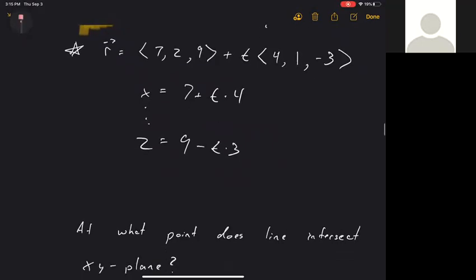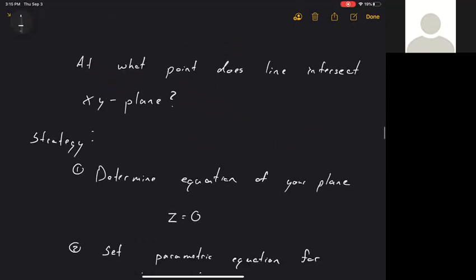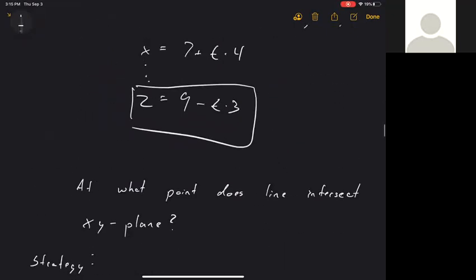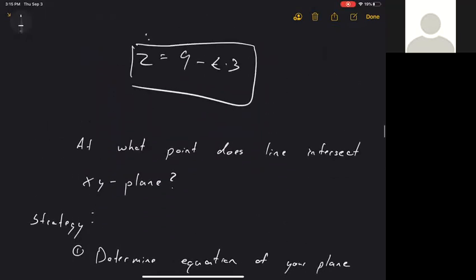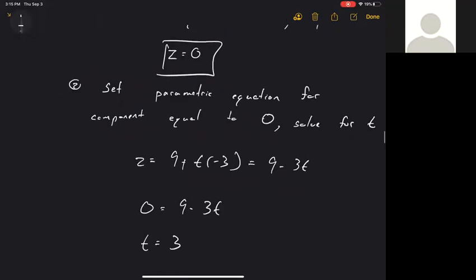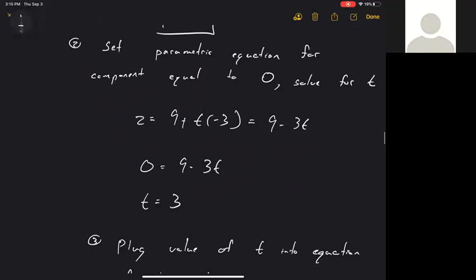On the other hand, we know the equation of this plane is z equals 0. So let's set these two equations equal to each other. This is my parametric equation, and my equation of the plane tells me the z coordinate is going to be equal to 0 in that plane.